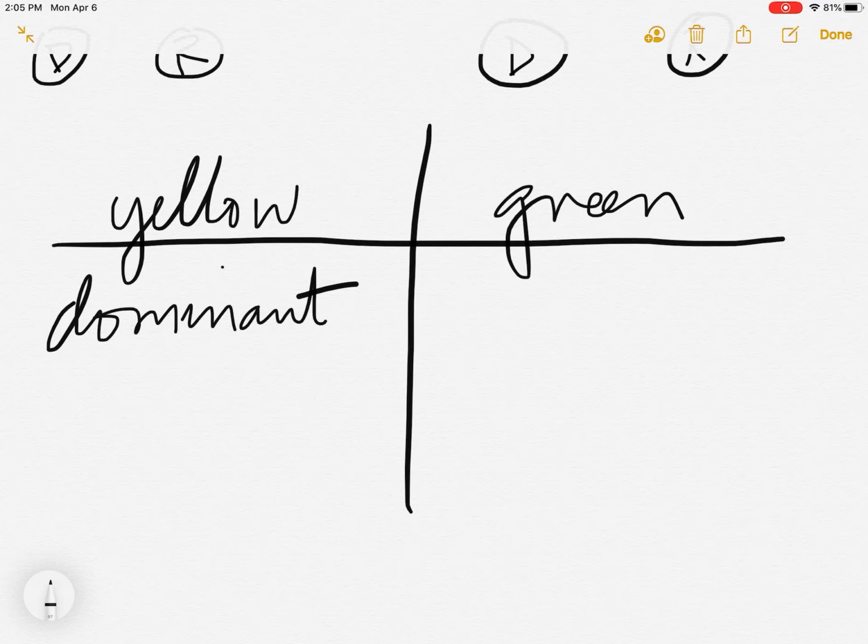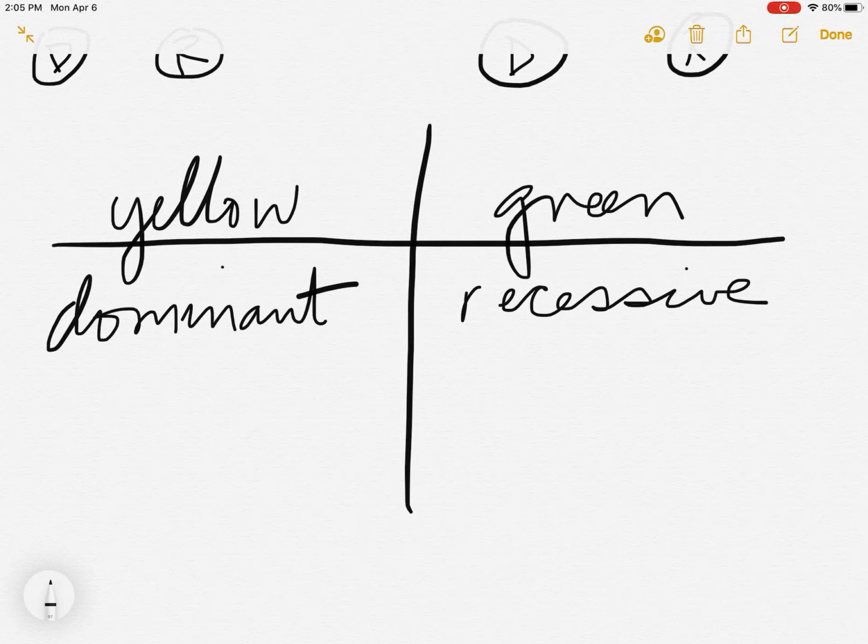And you keep crossing and you never see a green pea. So those are true breeding yellow. And what that means is that they'll only produce yellow, which means they carry none of the alleles for green. Likewise, he found out that green was recessive, and he found that out by also breeding true-bred green peas.